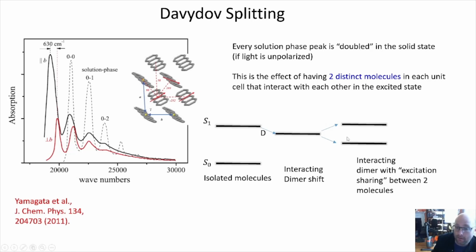This is slightly exaggerated, but this splitting should actually be pretty small compared to the dimer shift. This idea that within a unit cell where there are 2 inequivalent molecules, you get excitation sharing between them and an extra splitting, is called the Davydov splitting.